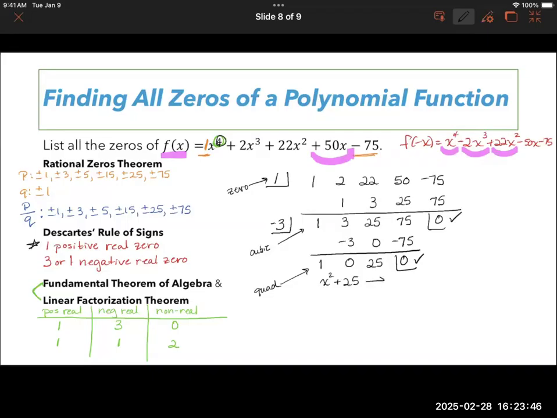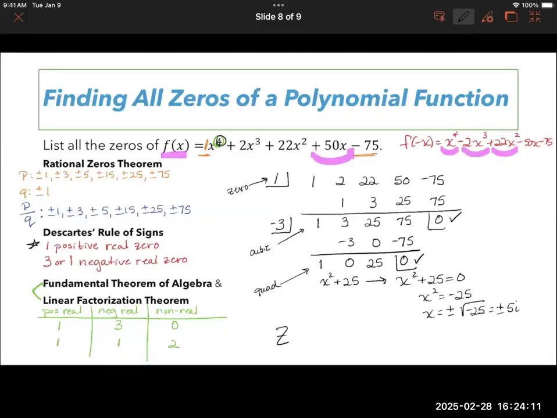So now if we set that equal to 0 and solve, we would get x squared equal to -25. X is going to equal plus or minus the square root of that -25, which is plus or minus 5i.